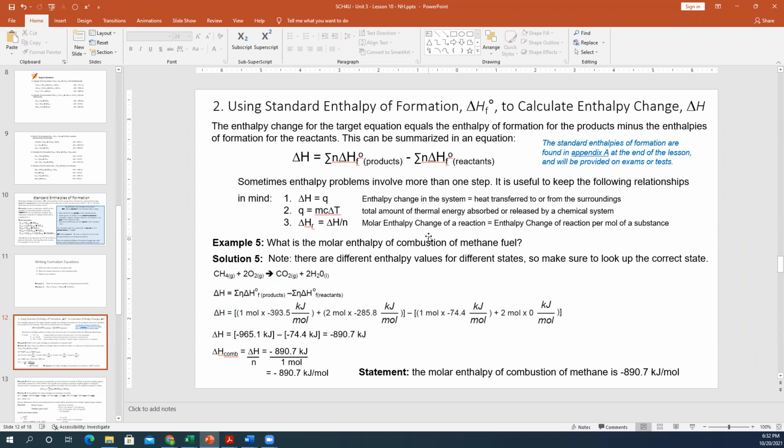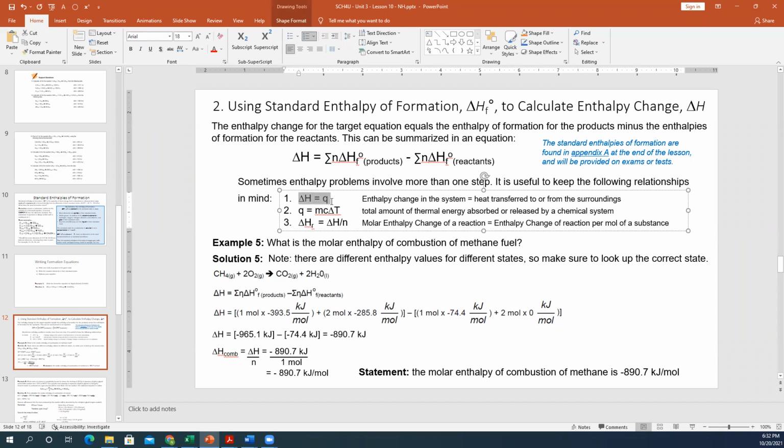For example, the enthalpy change in a system is equal to the heat transfer to or from the surroundings. So delta H is equal to Q of surroundings.